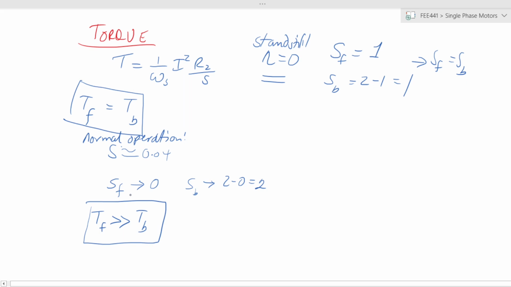That means that as long as the single phase induction motor is already in motion, there will tend to be a greater torque nudging it in the forward direction than in the backward direction. So as long as the motor is in a state of motion, it will tend to continue in that kind of motion.